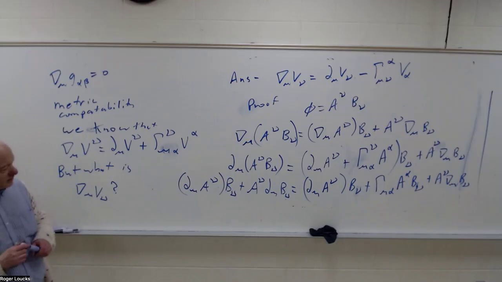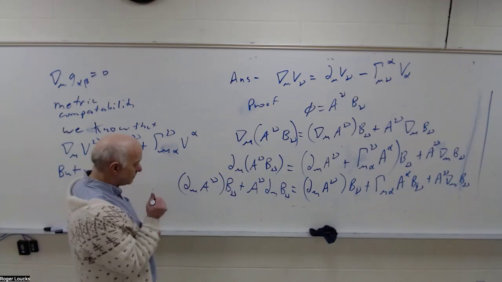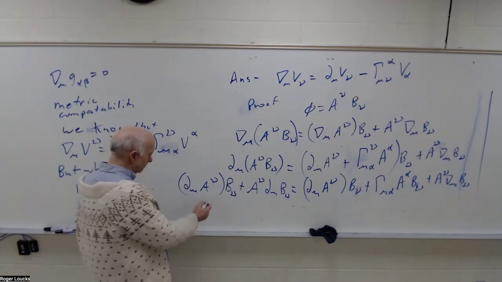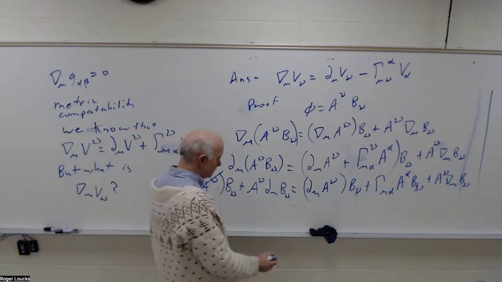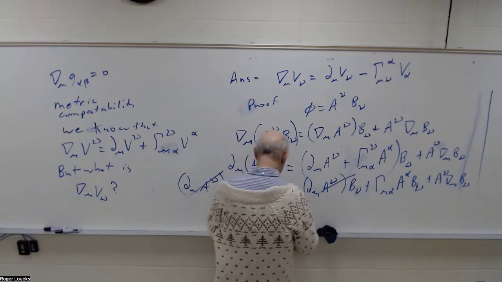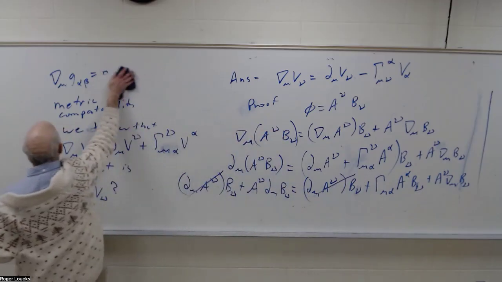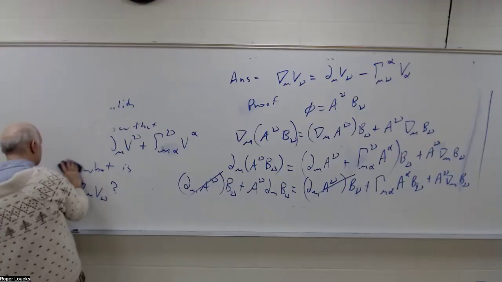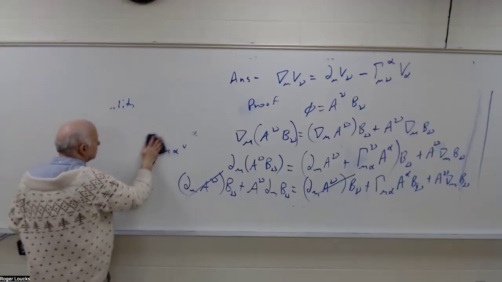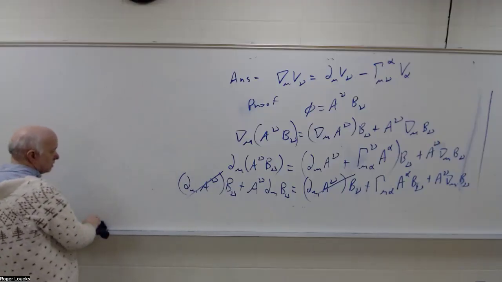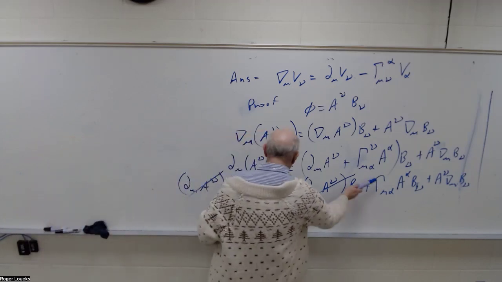The a nu covariant derivative of b nu. Now the covariant derivative here, this regular partial, that term cancels that term. So you're going to take this to this side here.